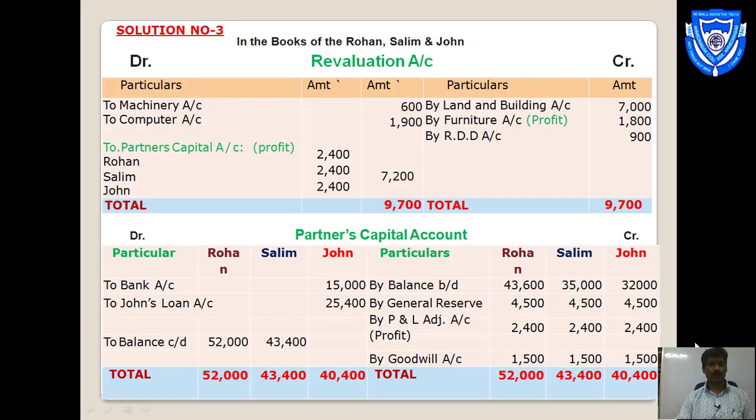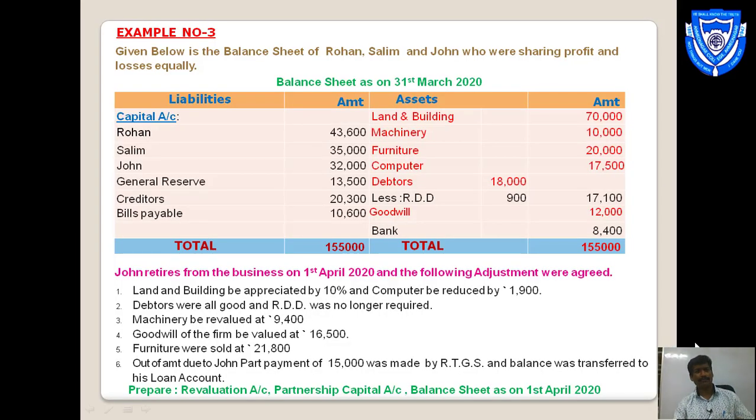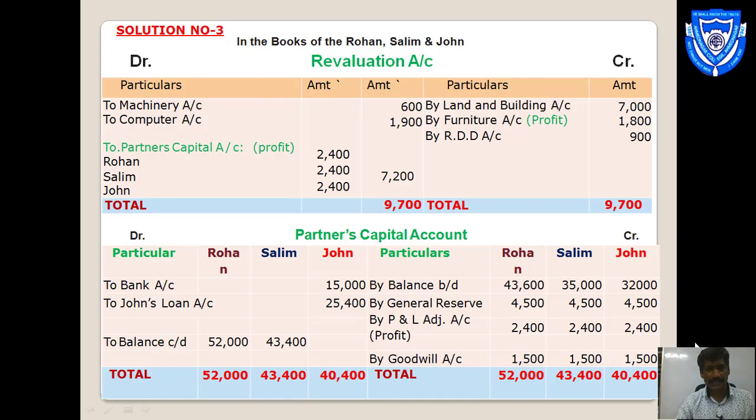So let us start our solution number 3, revaluation account and partners capital account. First we'll go by capital accounts. Rohan, Salim and John. Let us take opening balances on credit side of capital account by balance brought down.